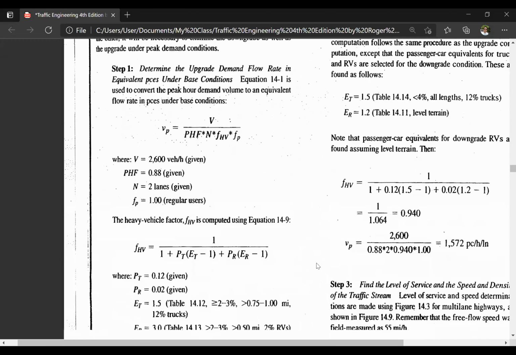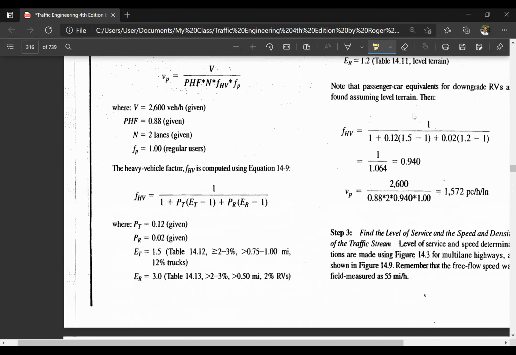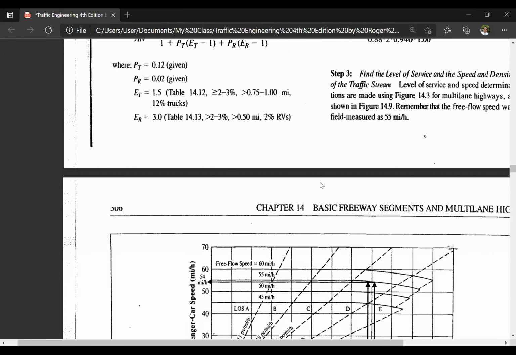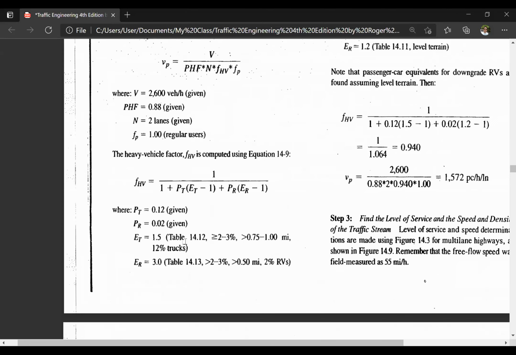So ET, go back to table 14.12. How many trucks again? 12%, right? 12% trucks. Okay, 2.3.